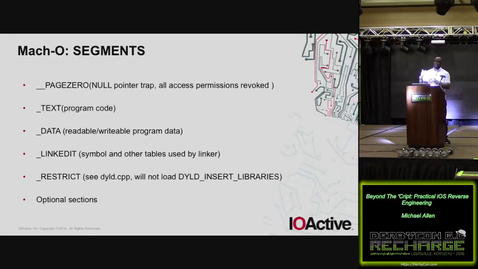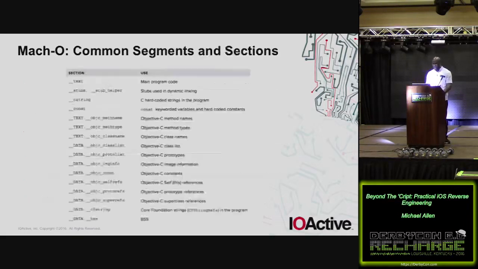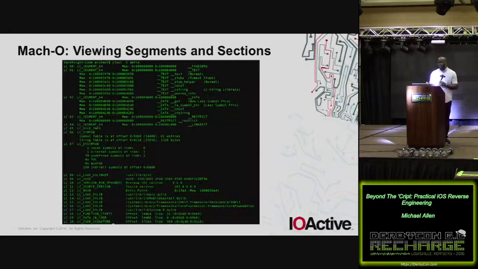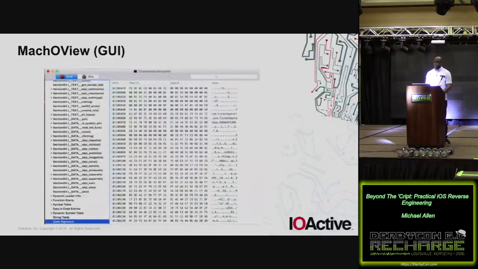And then each segment is going to have an optional section. What does this look like? Just an example here. To dump the segments, you just use jtool -L, list of segments, example is shown here. Or if you prefer to use the GUI option, you could always use the ever popular MachOView tool, right?